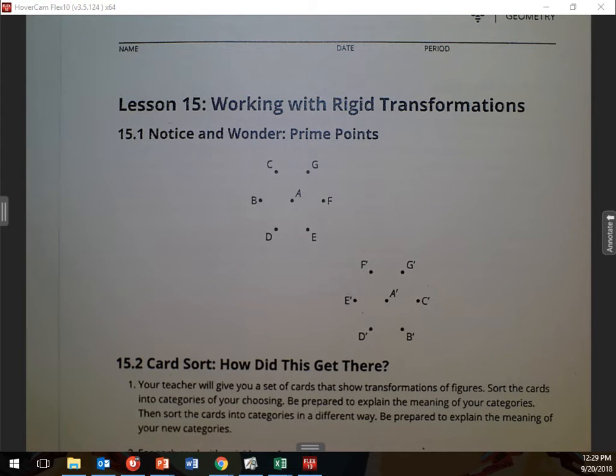How's it going to make a hexagon? I think it's going to make a whole star.